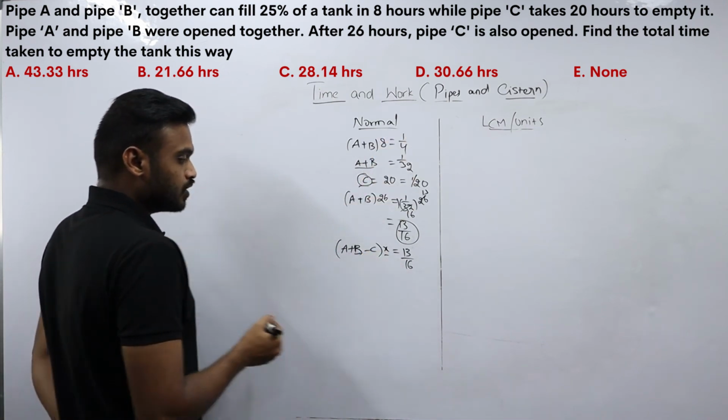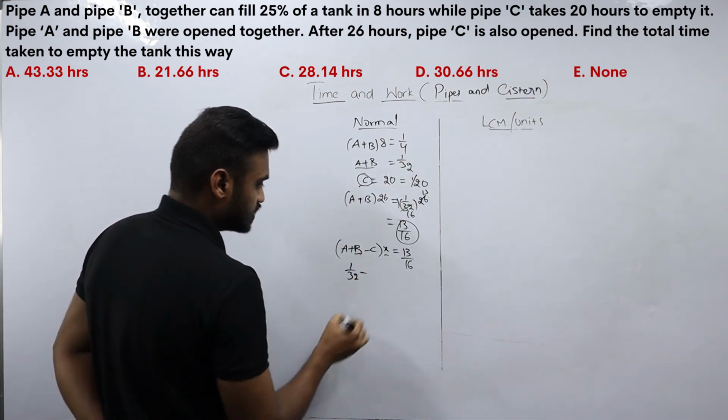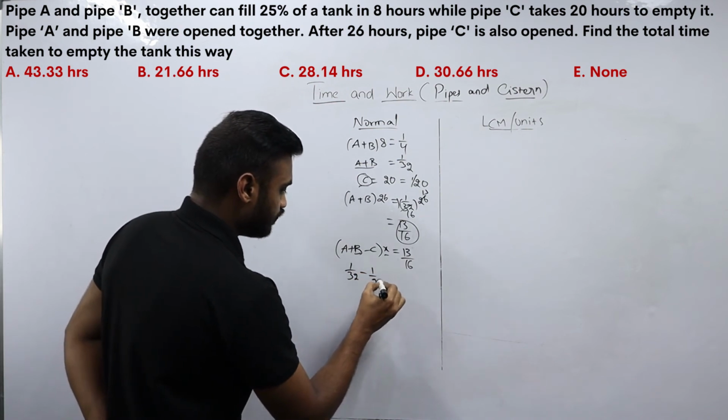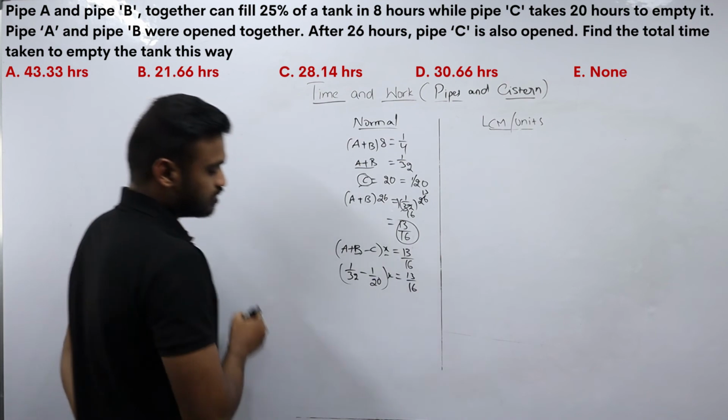to complete the tank. Now if I am substituting this, (A plus B) value is 1/32 minus C is 1/20, into X equal to 13/16.